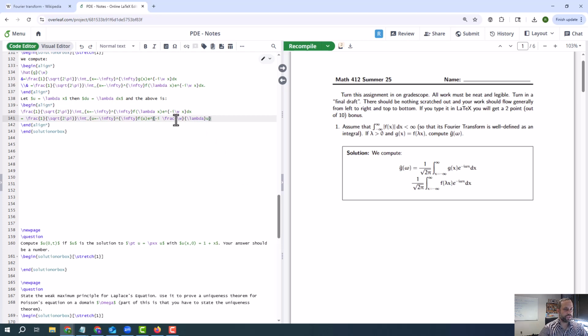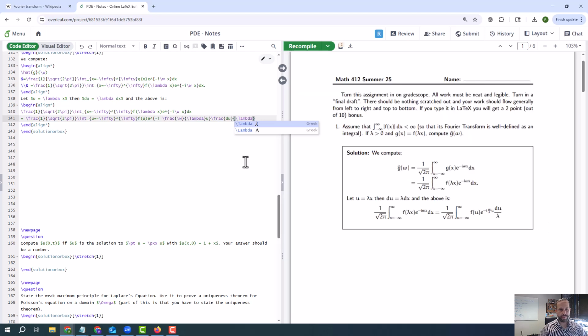As you will see, it's better to have the lambda go under omega, so the exponent here is omega times u, divided by lambda. Whether I put the lambda under the omega or the u, of course, doesn't matter. And this also says that dx is equal to du over lambda. So I'm going to have du over lambda. Okay, let's see what we have.